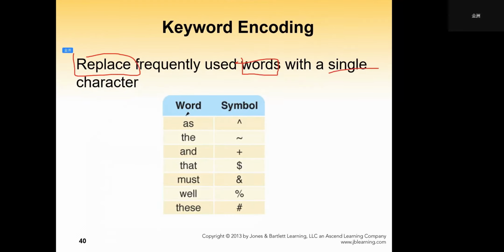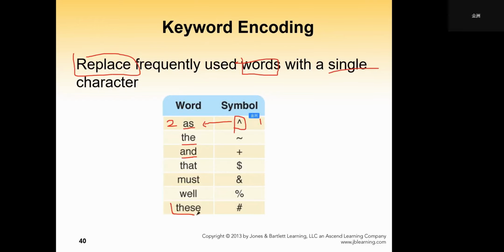For example, in English paragraphs, we may see words like as, the, or and, which are used very frequently. So we just use a symbol to replace such a word. For example, this word needs 2 characters, but after this replacement, we only need 1 character.